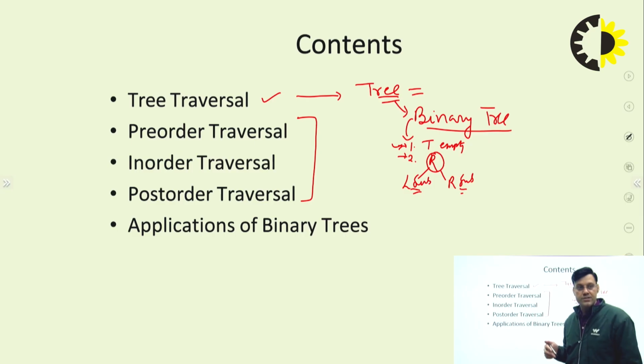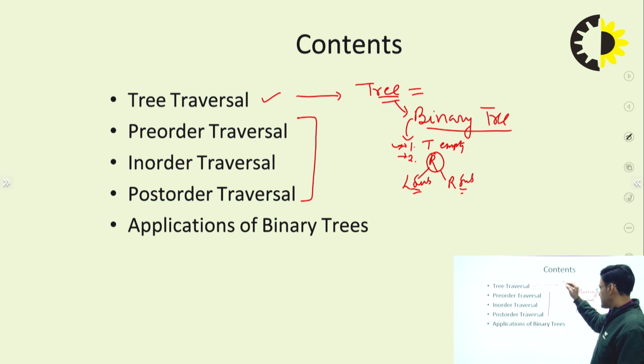Now the question arises: how are we going to visit, in which manner? You have already studied postfix and prefix expressions in the application of a stack, right? In the case of infix, for example, this is an expression a plus b. What is this plus? Plus is an operator. A and B are the operands, right?